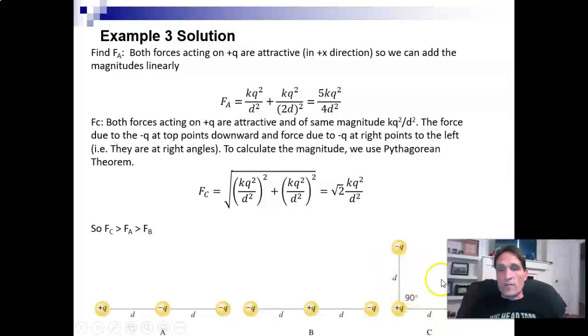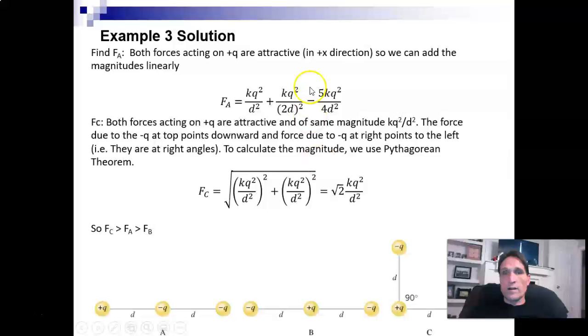Remember, these are at right angles, so to get the magnitude of the total, we have to use the Pythagorean theorem. We get that the net force is the square root of 2 times KQ squared over d squared. The square root of 2 is 1.41, and 5/4 is 1.25. So we've proven that the force on the positive charge is larger in configuration C than in configuration A, and it's the smallest in B.